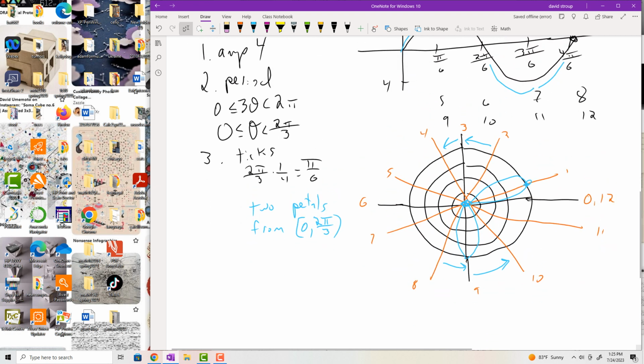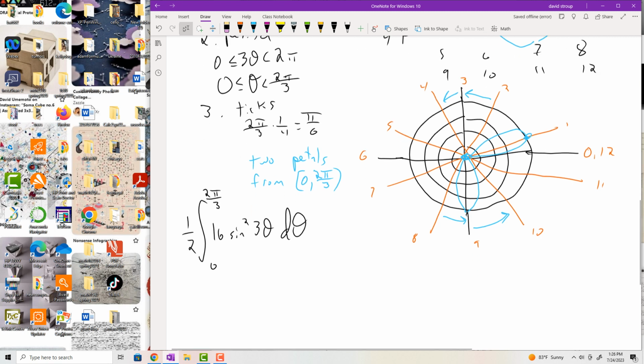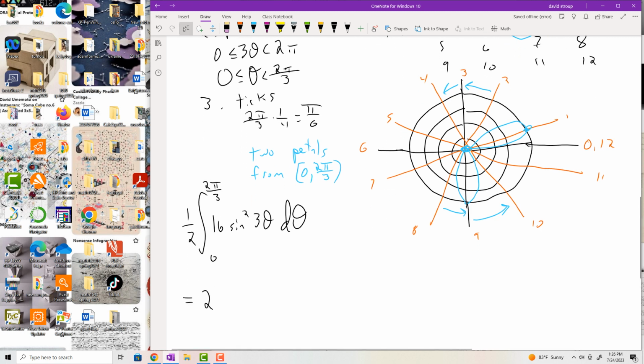You don't really need to even go that far. You can just draw 1 petal and then double the area, because these things have symmetry, right? It's not going to be like one petal is a different shape than the other petal. It doesn't work like that for us. So all the petals are going to be symmetric. So if you wish, you can integrate going from 0 to 2 pi over 3 of the r function squared, so 16 sine squared 3 theta d theta, but that will be the same as 2 times the area of 1 petal.